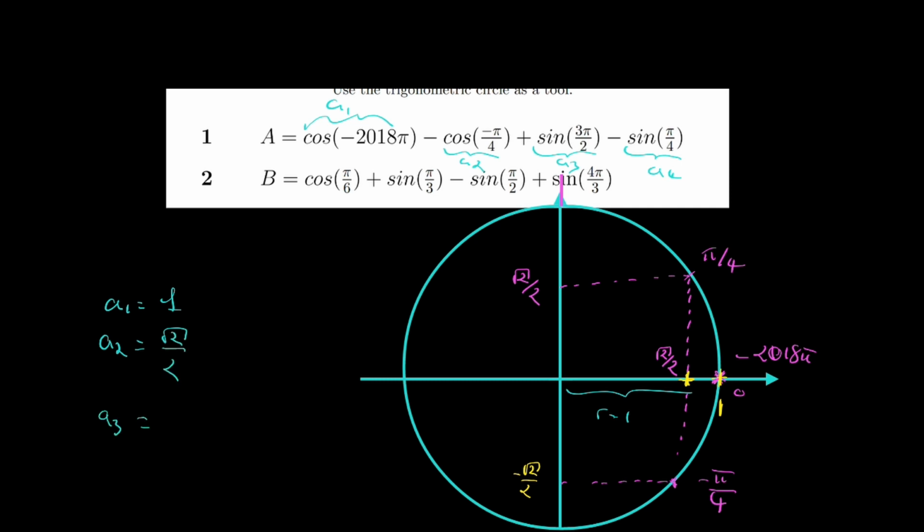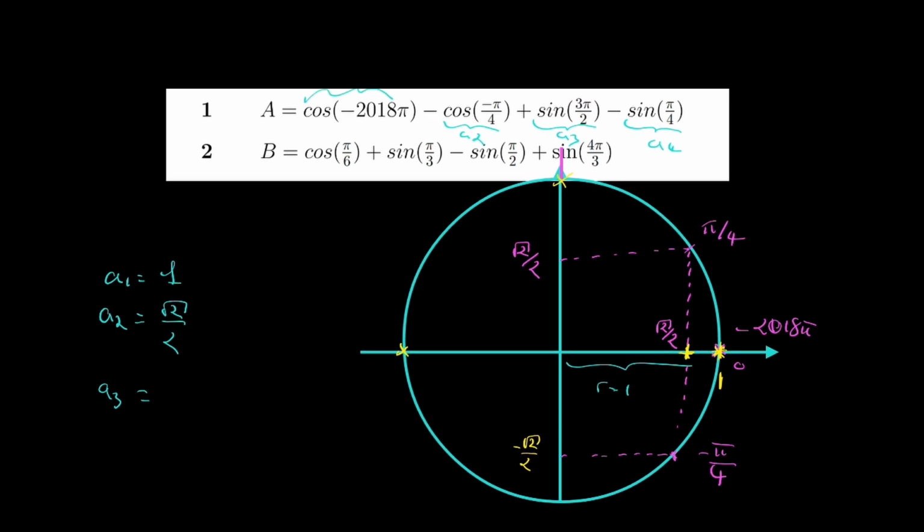Now for A3, we are looking for the sine of 3π over 2. You've got here 0, so 0 π over 2, 1 π over 2, 2 π over 2, and here 3π over 2. And we are looking for the sine. We are in the negative part of the sine, and we read the sine here, and we know that the radius is 1.